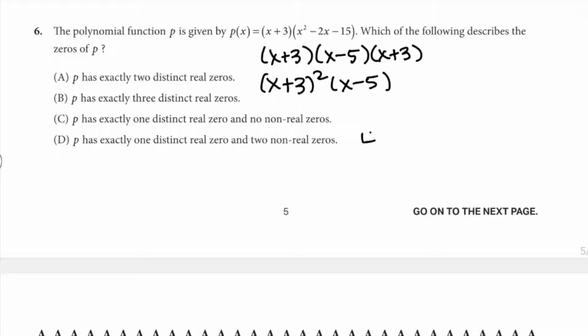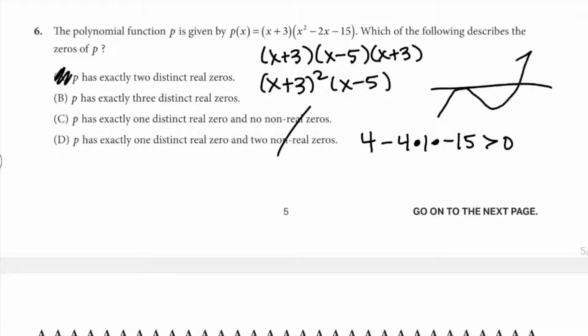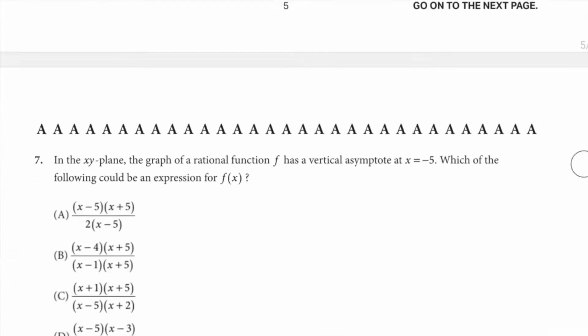That would be 4 minus 4 times 1 times negative 15. And I know that's going to be a positive number because of the negative negative. So that's greater than 0. So get those non-real zeros out of there. 2 distinct real zeros. One of them's a double root. It's going to make the graph look like... it's kind of sloppy, but that's negative 3. That's 5. Let's keep going.